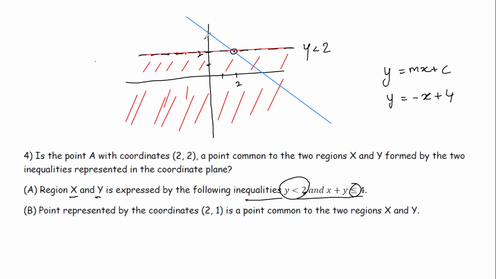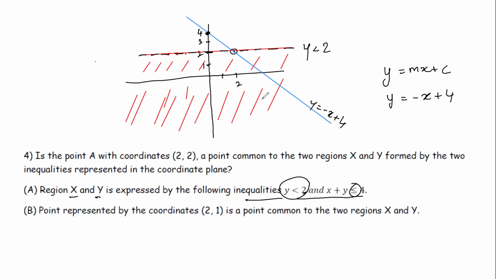As you can see, this is your 4 marker, this is your 2 marker. So this is your y-intercept 4, a negative slope line.